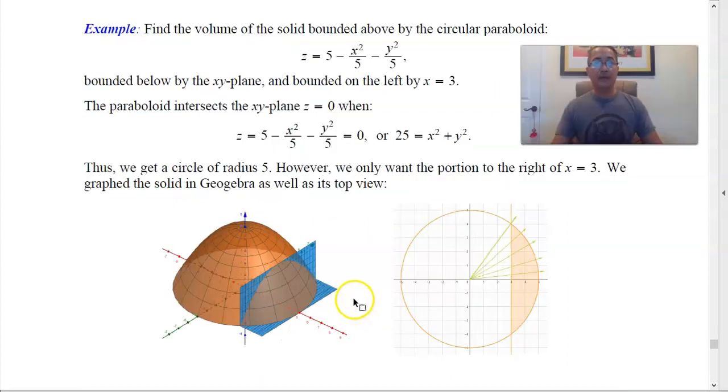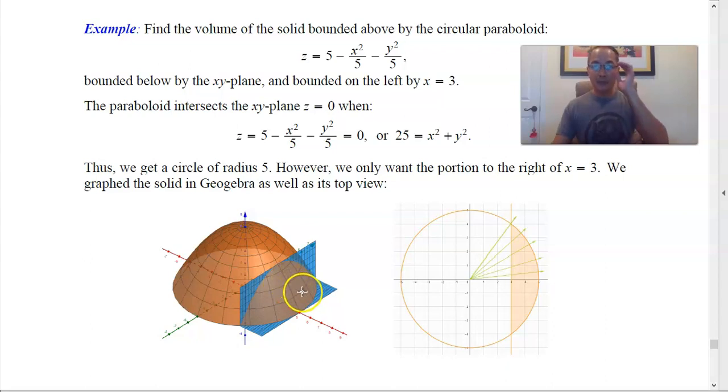All right, so we're going to keep working on that paraboloid that we did a minute ago, but I wanted to show you this example from our PDF. It's related to what we're looking at, except we have 5 minus x squared over 5 minus y squared over 5. That has the advantage of a more rounded shape. Ours was really tall and really narrow. This one is more evenly spread out.